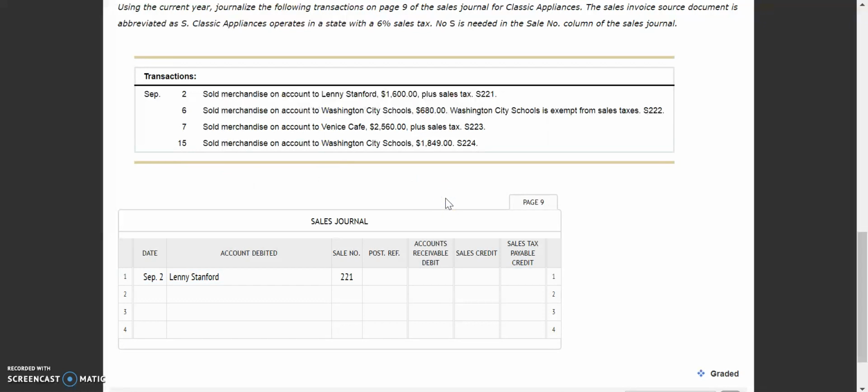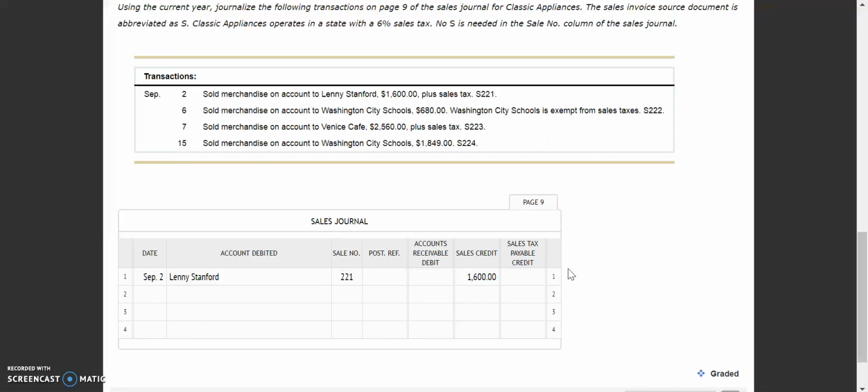And it says that we sold $1,600 worth of merchandise. So the $1,600 is the amount that we made for the sale. So we're going to put $1,600 in here, and then we need to figure out our sales tax rate. So remember, our tax rate is 6%. So you either need to plug in the 6% and use the percent key on your calculator, or you need to take 1,600 times 0.06.